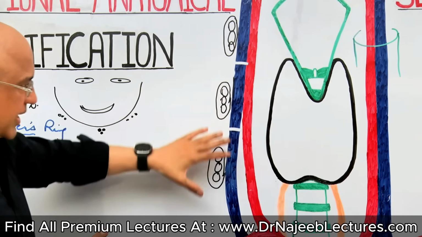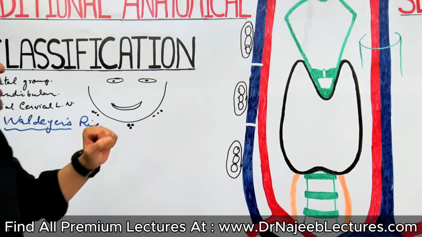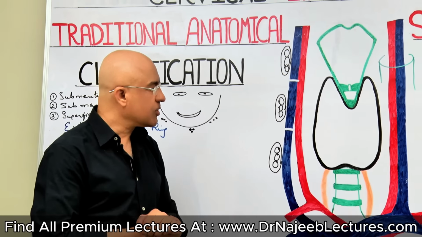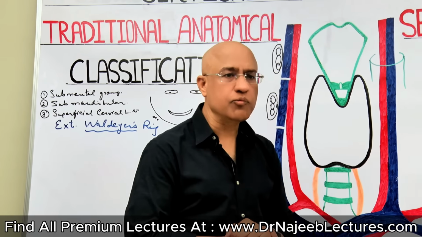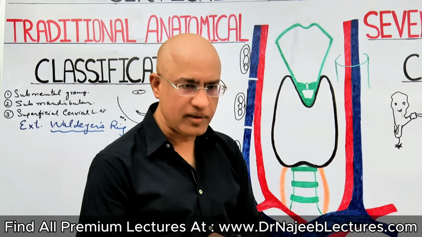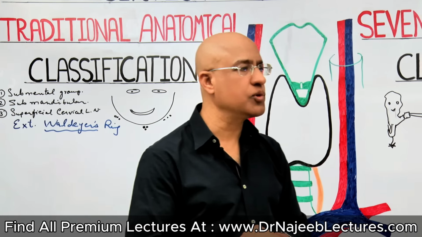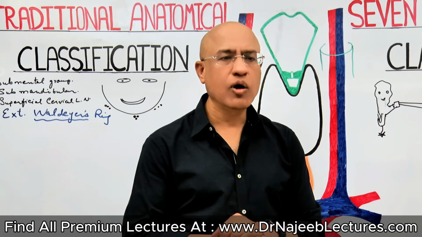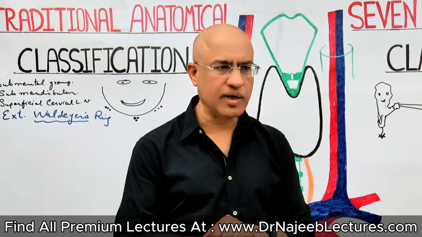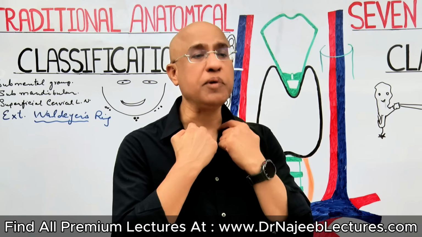This is one way to look at it, but actually a more accurate way is that we should take some fixed landmarks, like bony landmarks or cartilaginous landmarks, which can be palpated even.